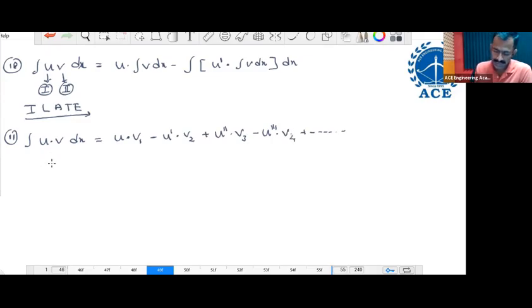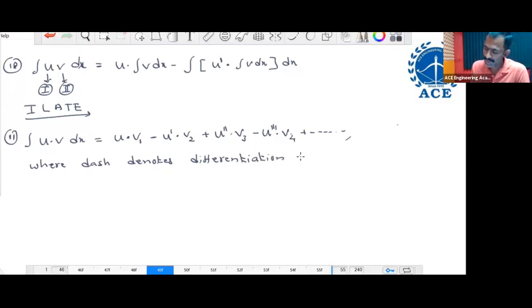Here, dash denotes differentiation and suffix denotes integration.